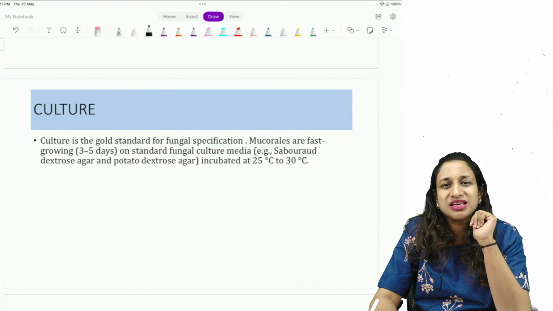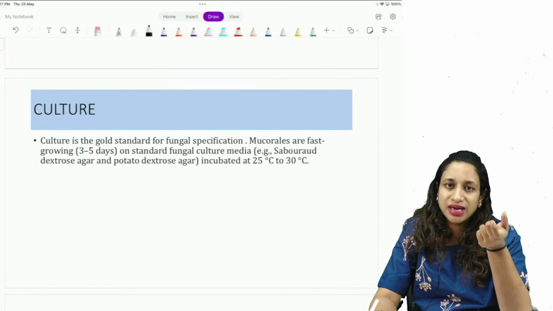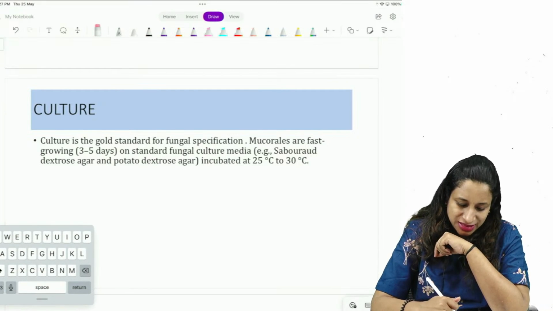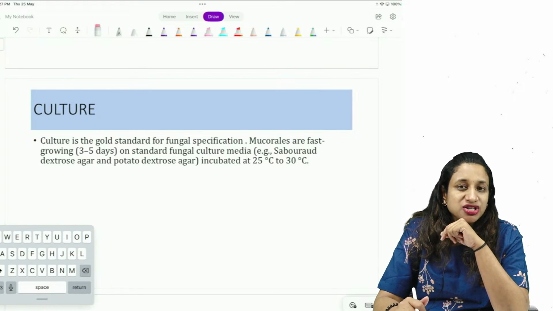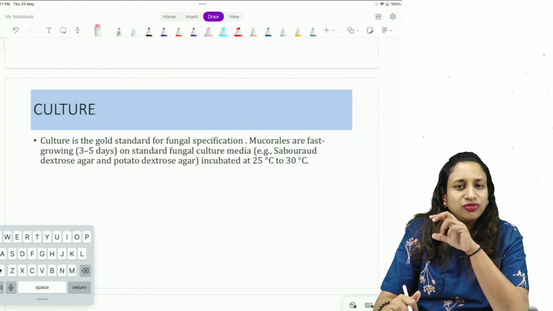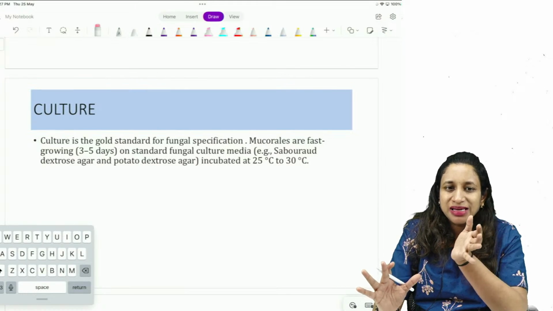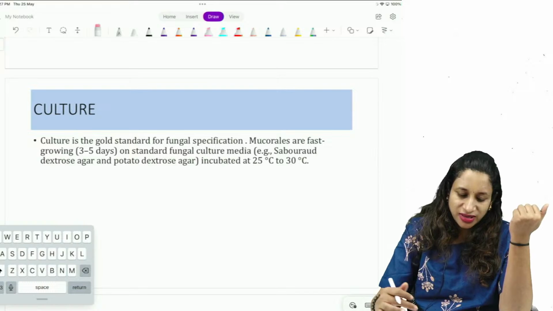So both of these things are also important to remember, because this gives you a clear idea as to what the organism is. So Sabouraud's dextrose agar, this is something that is commonly used, and you also use your potato dextrose agar. Both of these are commonly used, and you have to remember that these are incubated at 25 to 30 degrees, and many a times these are also the ones that are helping you identify the organism.